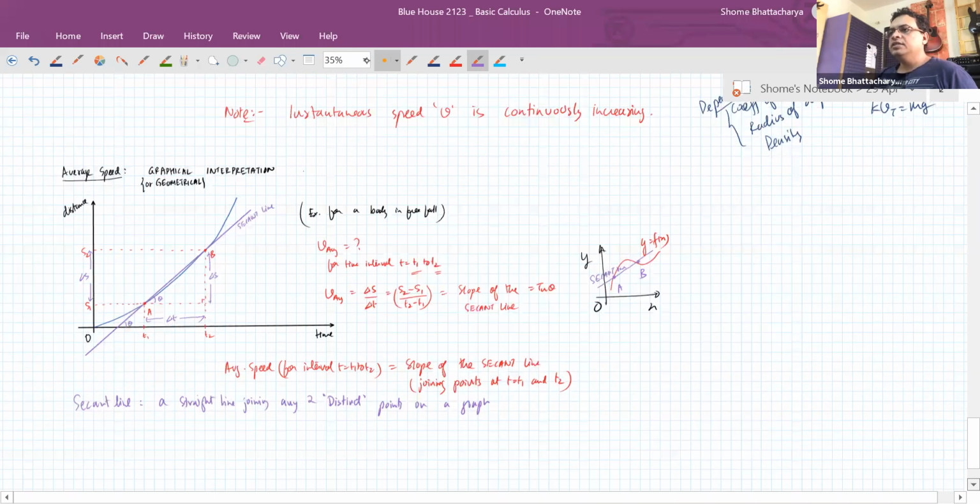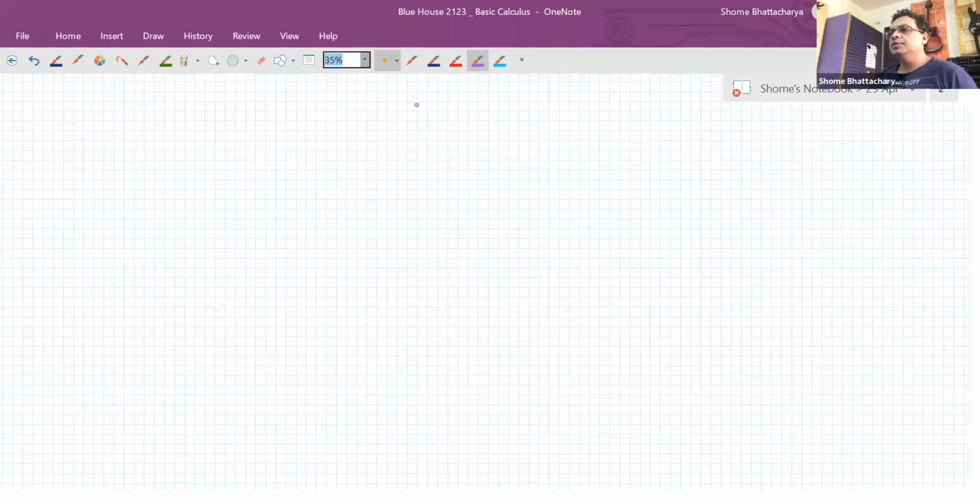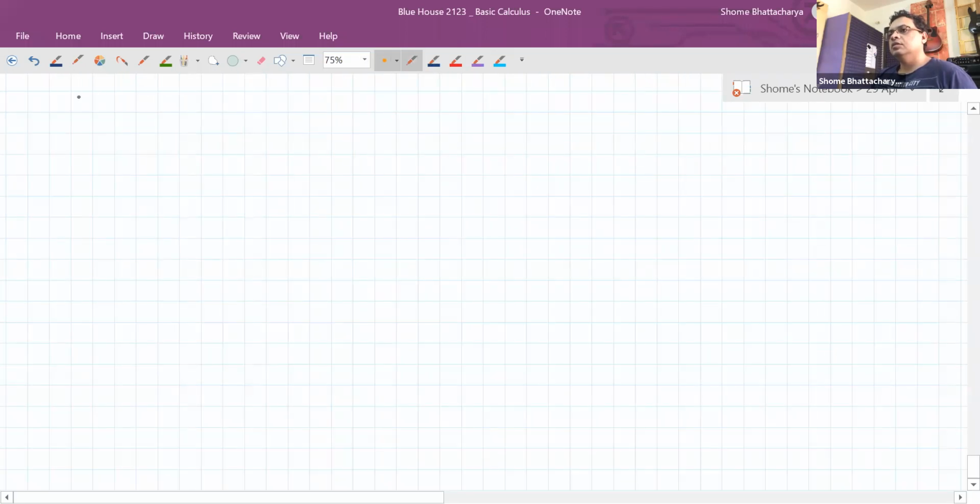Okay. Now, next thing, if we talk about instantaneous speed in this case, and we talk about the graphical representation or the graphical interpretation.